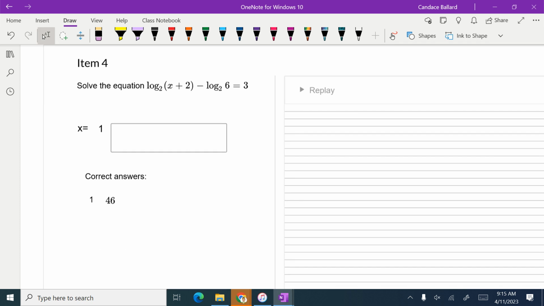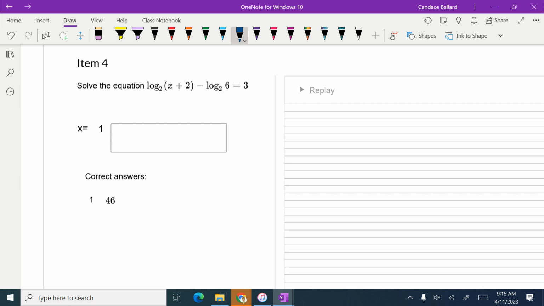This is the last one. There were lots of divisions on this one. We are supposed to solve. We only have logs on one side, so it's a little bit different than the last one.